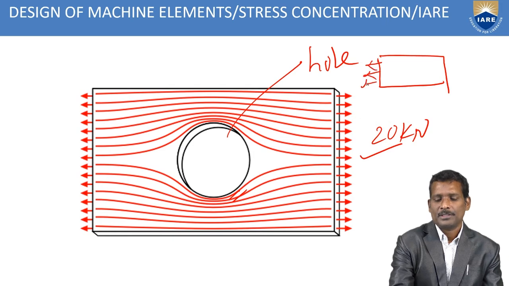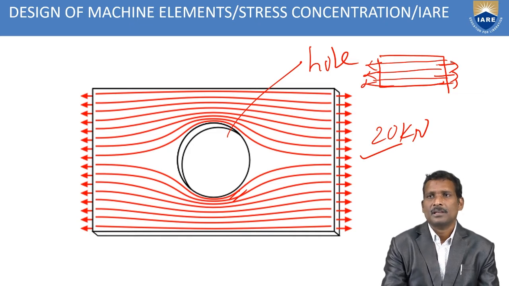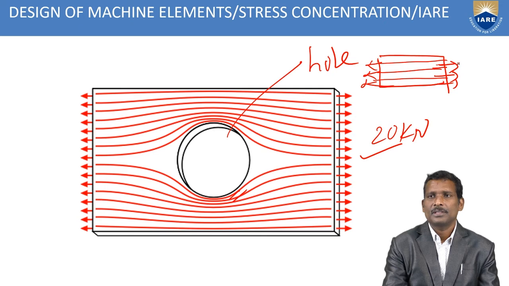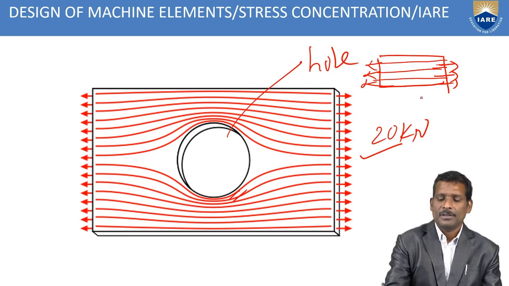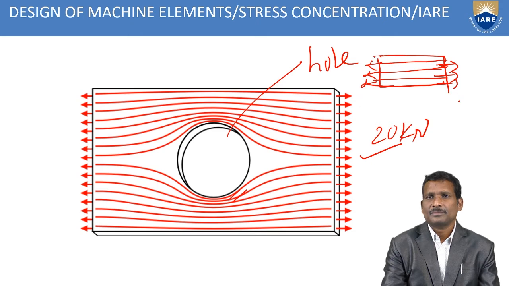Whenever this component is subjected to tensile force, the stress distribution lines, also called force-carrying lines, are uniform. It means the lines are uniformly arranged. Clear. So in this, there is no stress concentration.